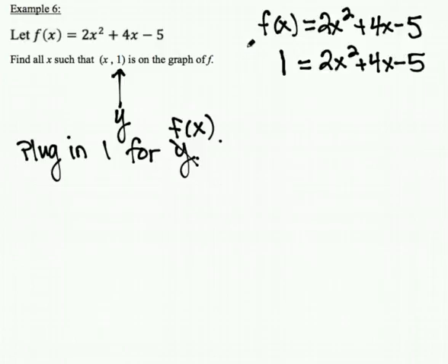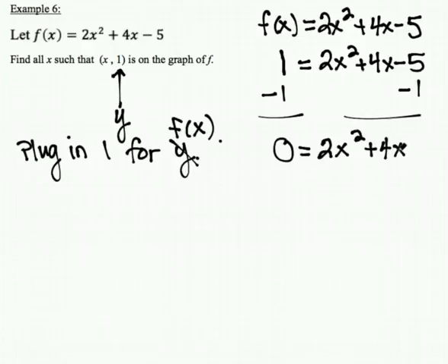Now, this goes back to what we worked on during exam 1. How do I solve for x? Well, the first thing I need to do is get everything on one side. So I'm going to subtract 1. That's going to leave me with 0 equals 2x squared plus 4x minus 6.